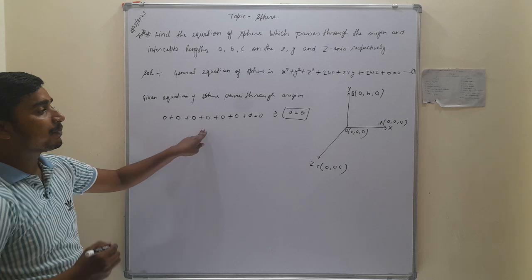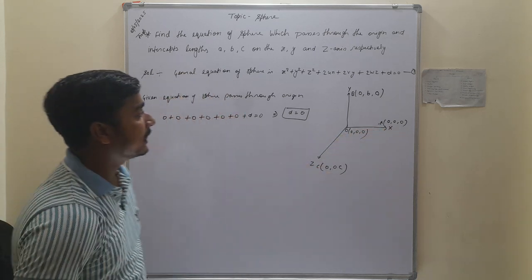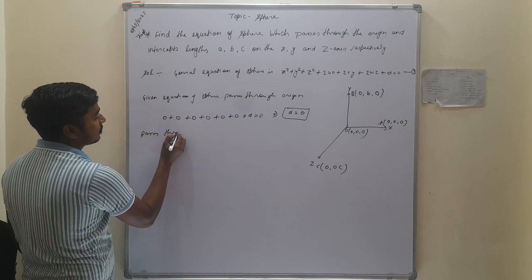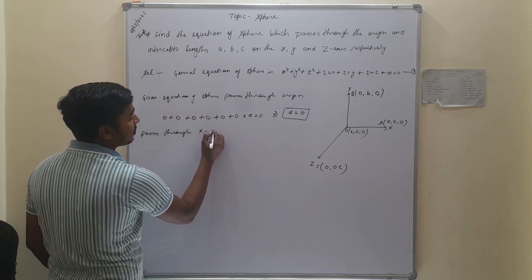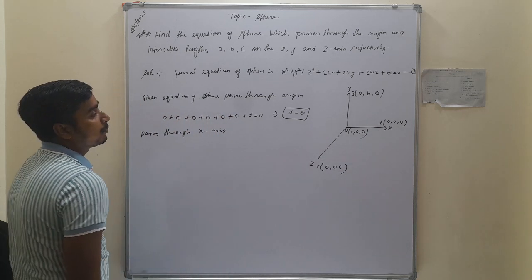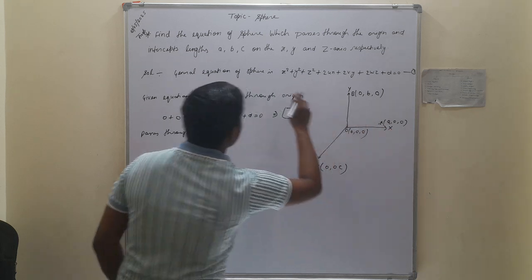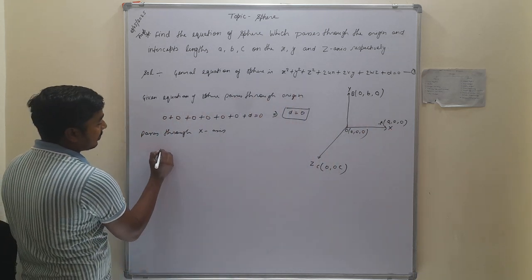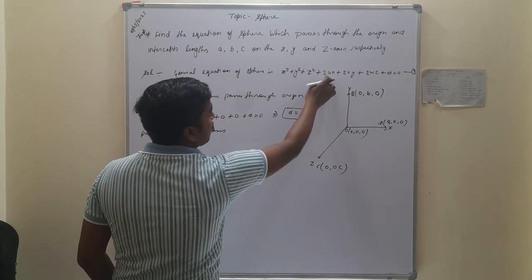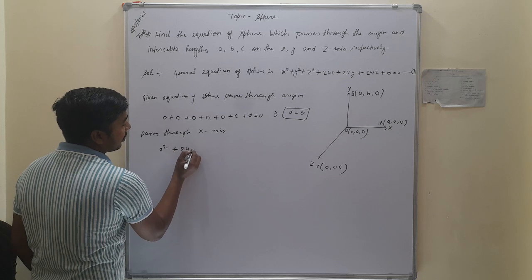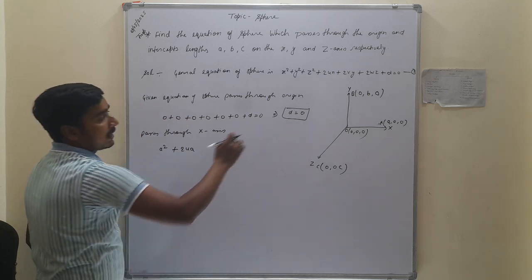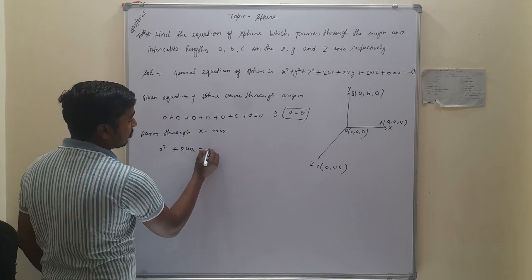Similarly, equation 1 passes through the point A on the x-axis. The point on the x-axis is a, 0, 0. So in place of x we put a, which gives a squared, and y is 0, z is 0. 2ux gives 2ua, 2vy is 0, 2wz is 0, and d is already 0, so this is equal to 0.